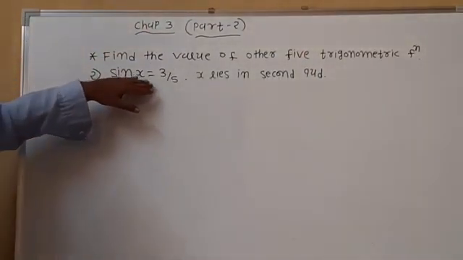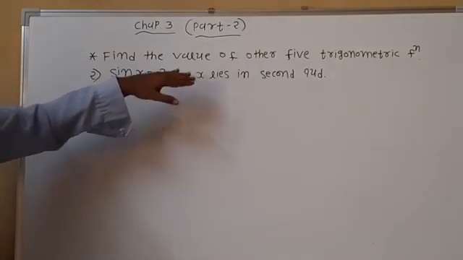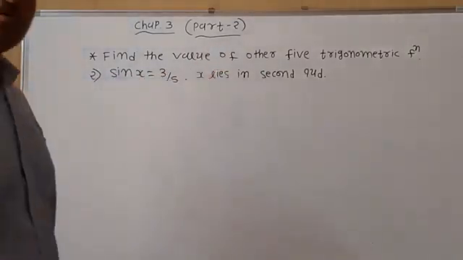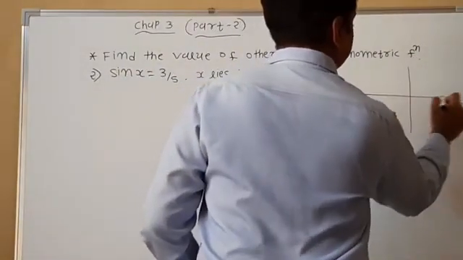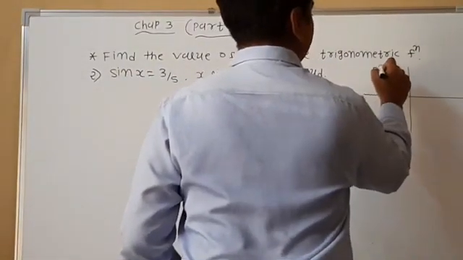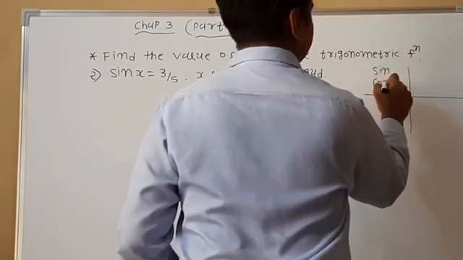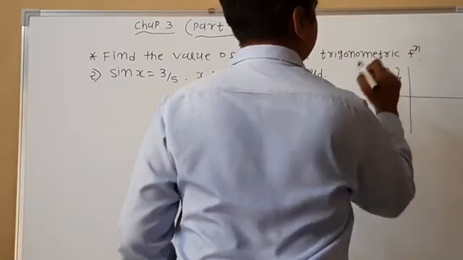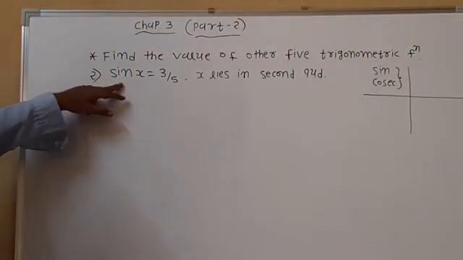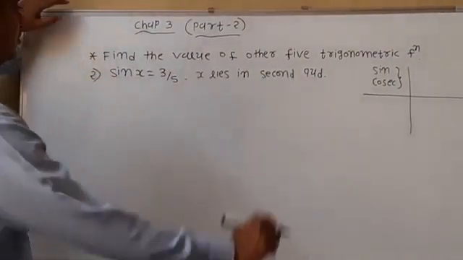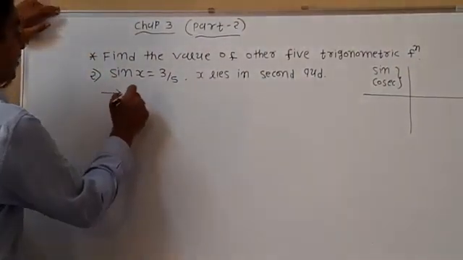So sin x is equal to 3 by 5 is given, x lies in the second quadrant. Again we know that in the second quadrant only two values are positive, sin and cosec, right? So first of all sin x is given here, so using this result find the value of cosec.